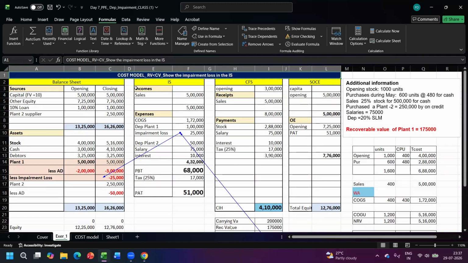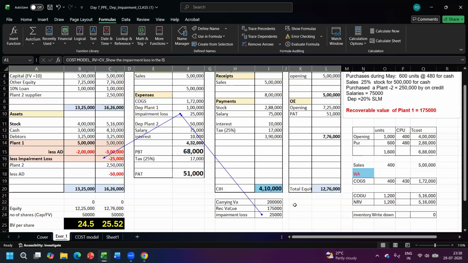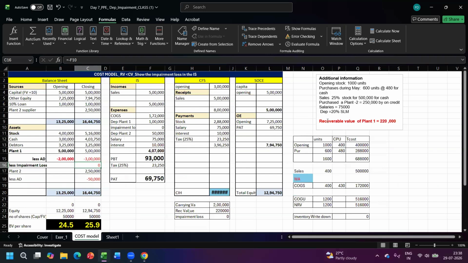But suppose in the cost model, the recoverable value had been higher, then the cost model says you cannot recognize the revaluation gains. The gain, because the recoverable value is higher than the carrying value, cannot be shown. For example, the recoverable value is now 220,000.